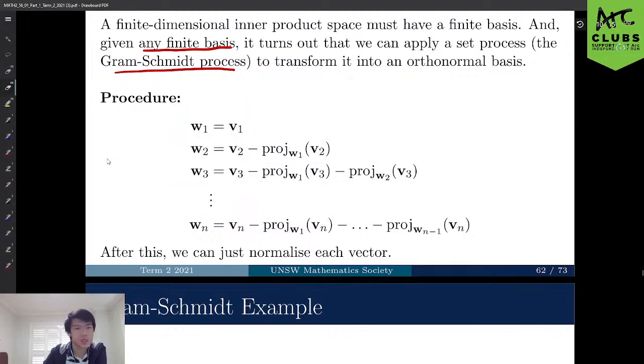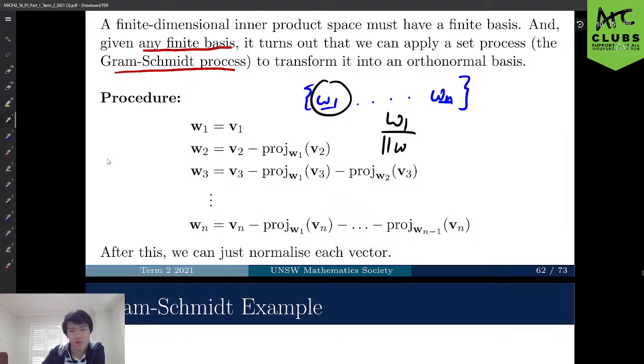So we've gotten our new basis w1 all the way to wn, and we want the inner product of w1 with itself to be equal to 1. So we take w1 and divide it by its norm, and its norm is equal to the square root of the inner product of itself with itself.